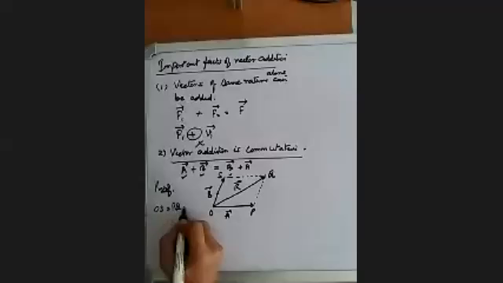Now vector addition is associative. That is the third important fact about vector addition. So what does it mean?